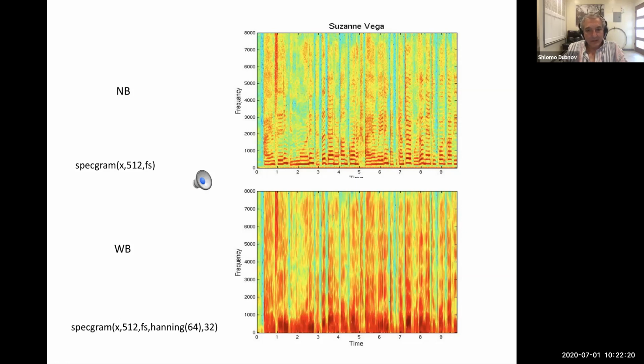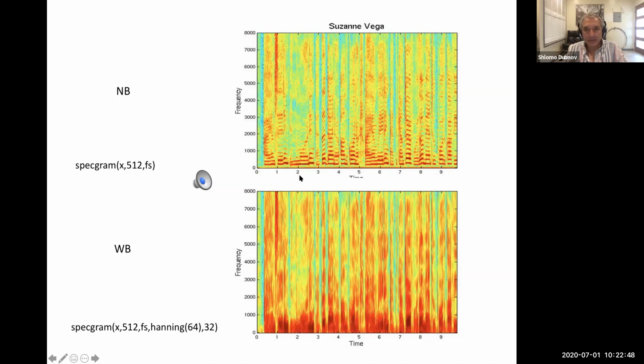The reason I'm devoting time to discuss narrowband versus wideband is that if we do not have the phase, these pictures are very different. And if we apply some algorithms later on, like the Griffin-Lim, to synthetically reconstruct the phase, these algorithms will search for some kind of phase continuity over time. It will start from a random phase and will try to make up the phase for each one of these FFTs.